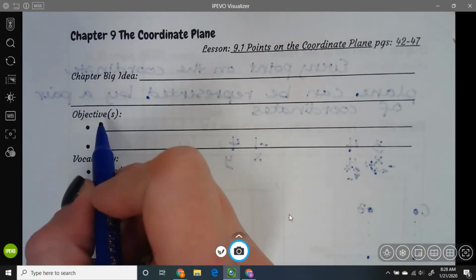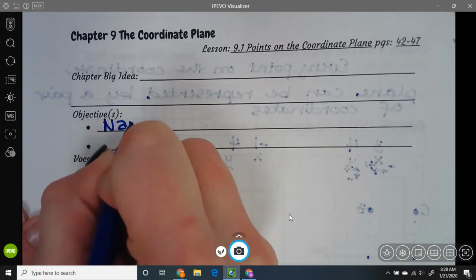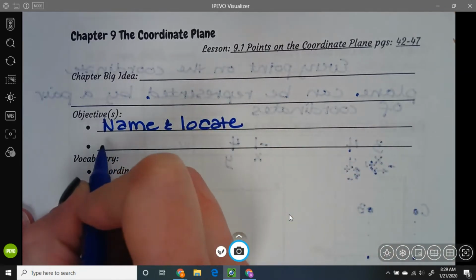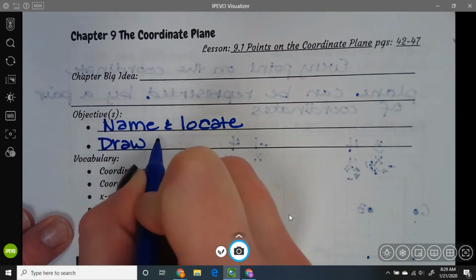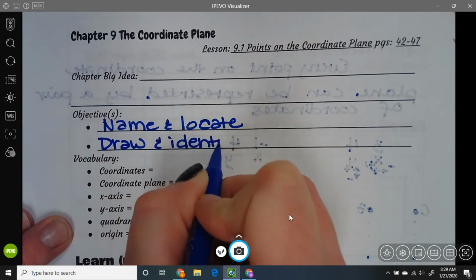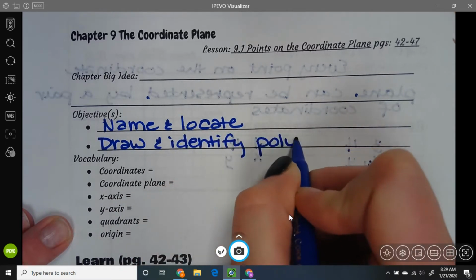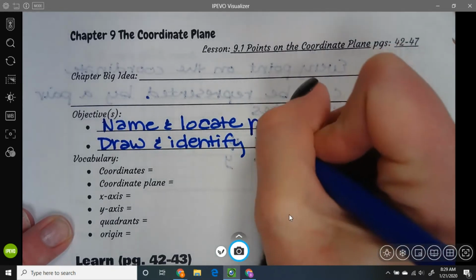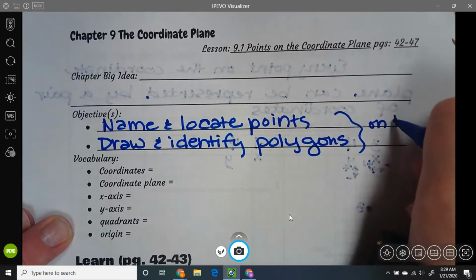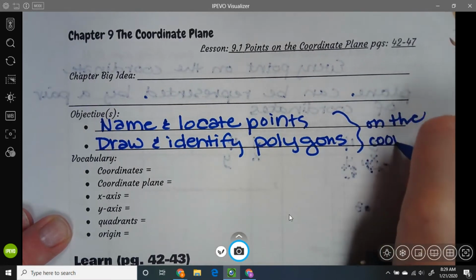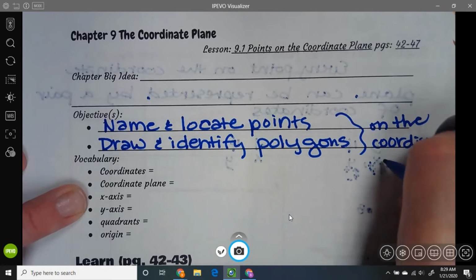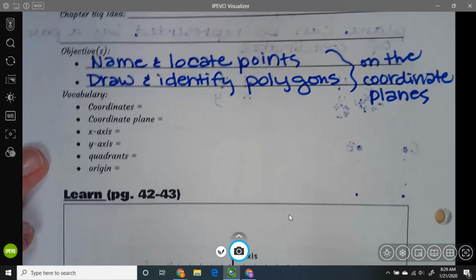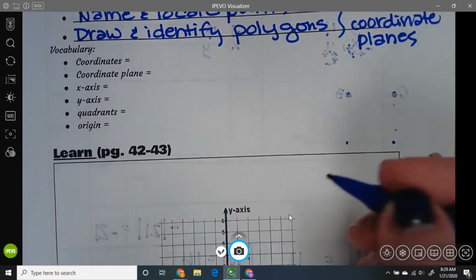Our objective for lesson 1 is to name and locate those points and to draw and identify polygons on the coordinate plane. You see you have several vocabulary words here that you need to make sure you do before you turn in the chapter notes.